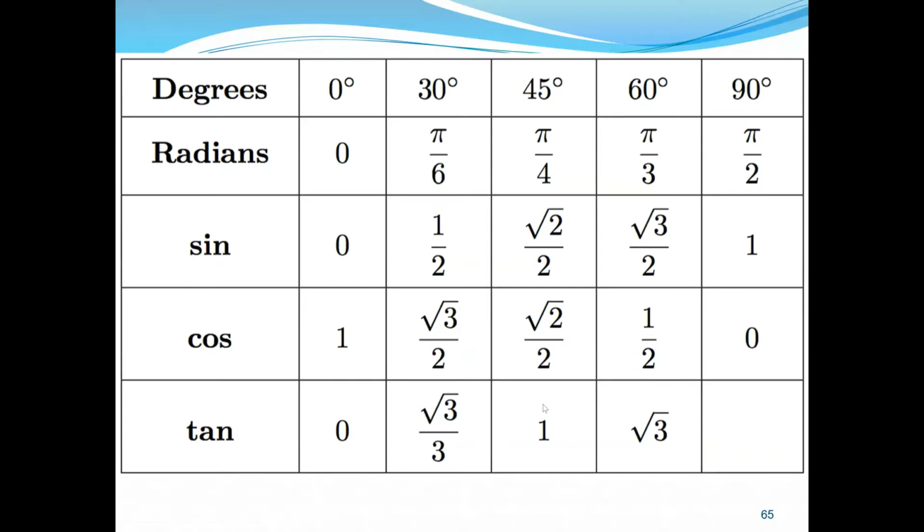This is square root of 3 over 3, so that's 1, right? Do you see that? So this one is a multiple of square root of 3 of this one. And this one, again, is a multiple of square root of 3 of this one. You see that? Increased by a factor of square root of 3. But not this one.